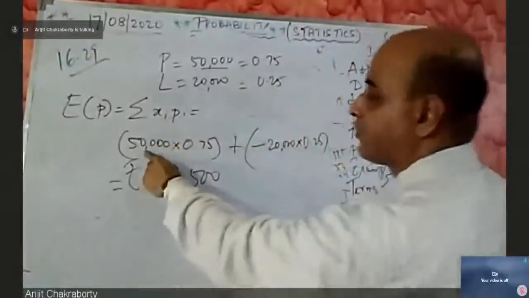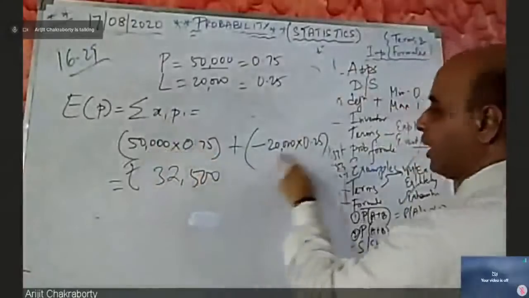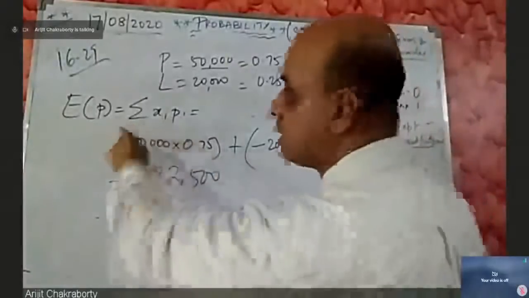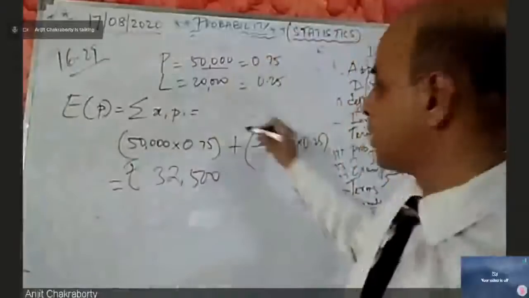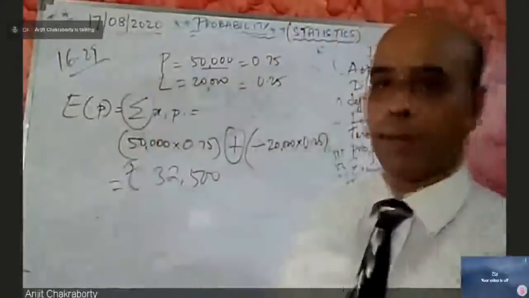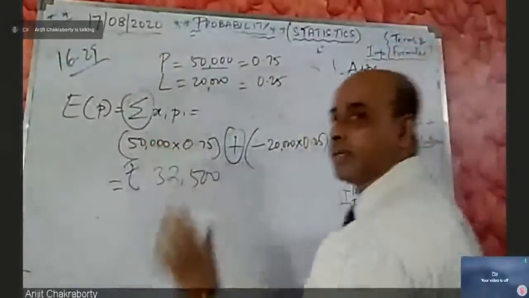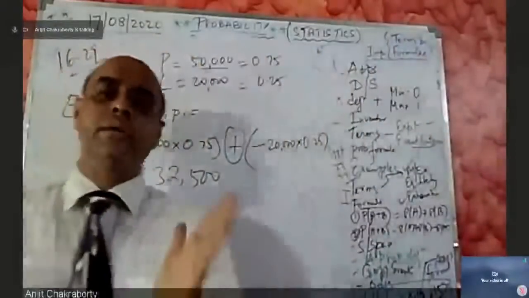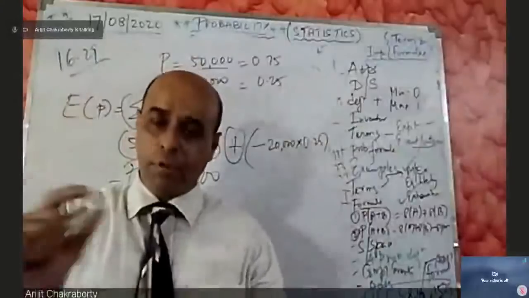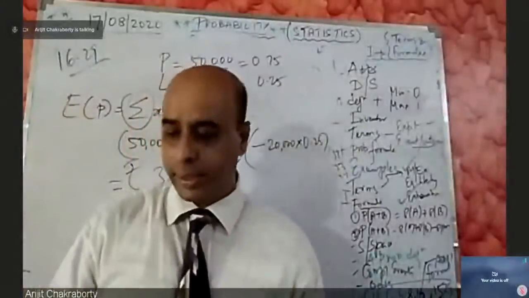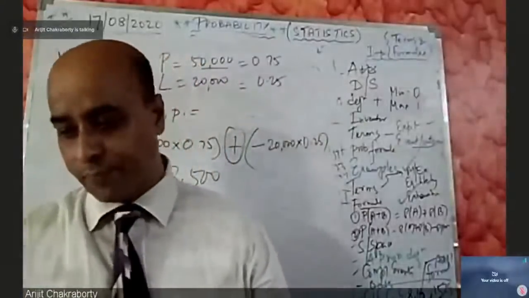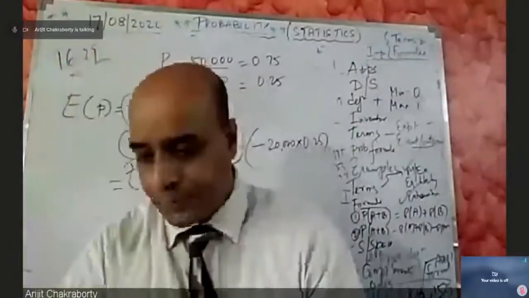Sigma means we are adding up. So just by multiplying the probability and the given value and adding up all the similar cases, you can find out the mathematical expectation.